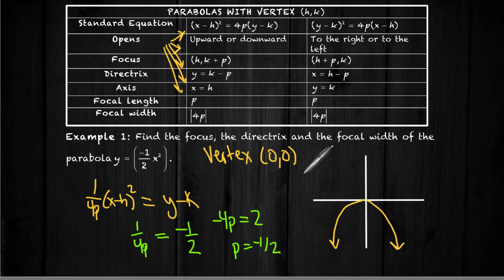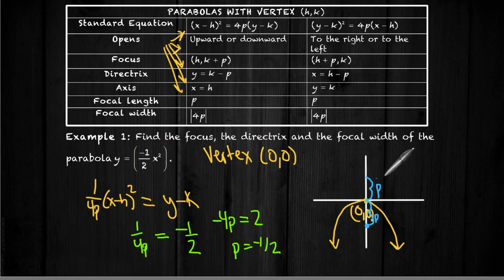And so once again, let's remind ourselves that p is the focal length. It is the distance from the vertex, and the vertex is 0, 0 in this case. And so the focus is just some distance from the, actually this is the directrix we're going to draw right now, and that is some distance p from the vertex. The focus is some distance of p inside the parabola. So make sure we understand that. The focus is some point inside the parabola.